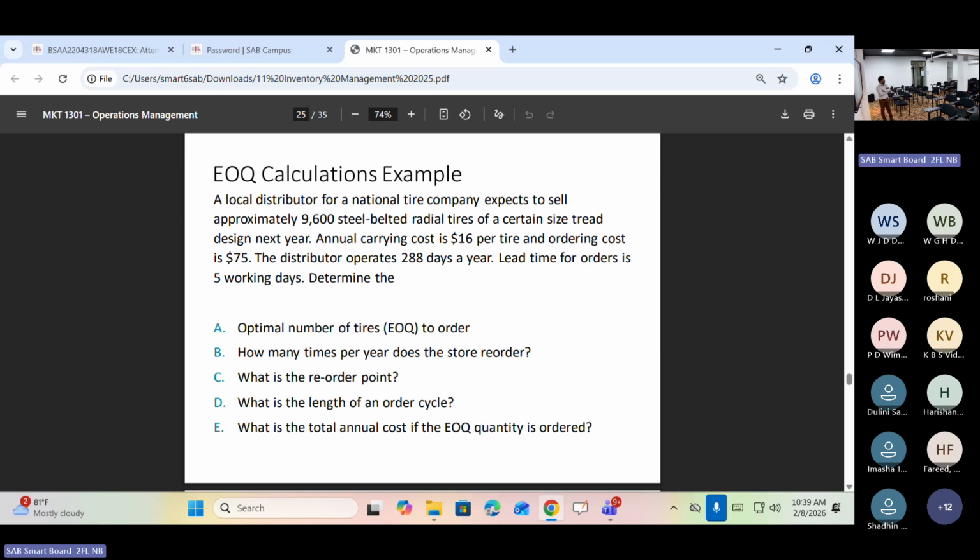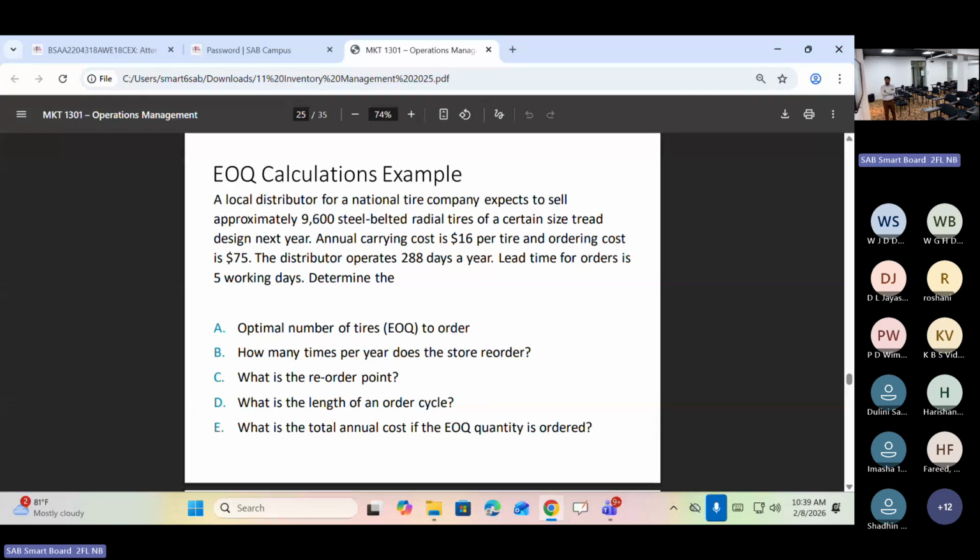Did you do this? Calculate EOQ. Identify how many times per year the store reorders, and identify the reorder point.